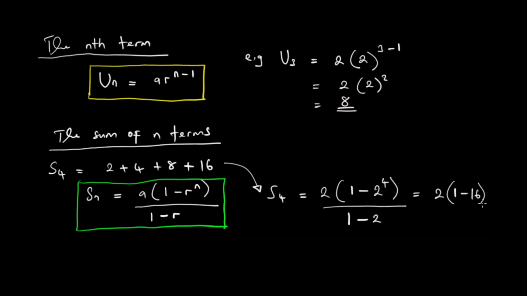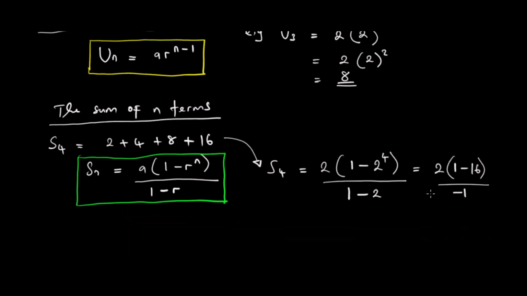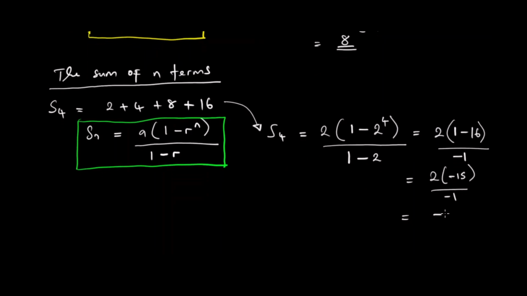So 1 minus 16 over negative 1, which if we want to go further will be 2 multiplying negative 15 over negative 1, which is minus 30 over minus 1, which is equal to 30. To check by adding down: 16 plus 4 is 20, 8 plus 2 is 10, so 30 comes out correctly.